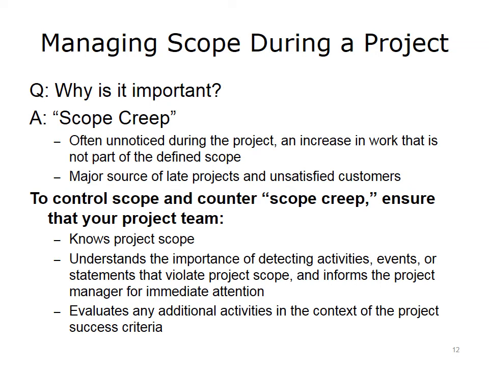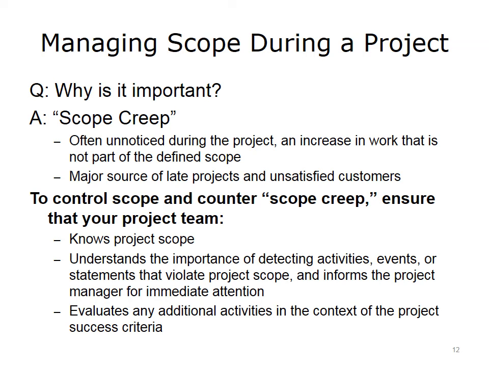Once you have defined the scope at the start of the project and all of that activity is captured in the project scope statement, the second element is how to manage scope during the project. It often is unnoticed during the project, and it's a major cause of late projects when scope isn't managed effectively. We have talked about this as controlling scope creep.